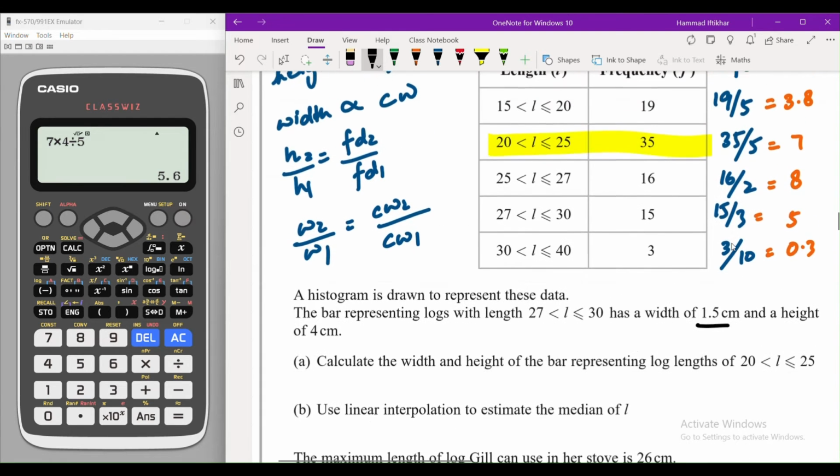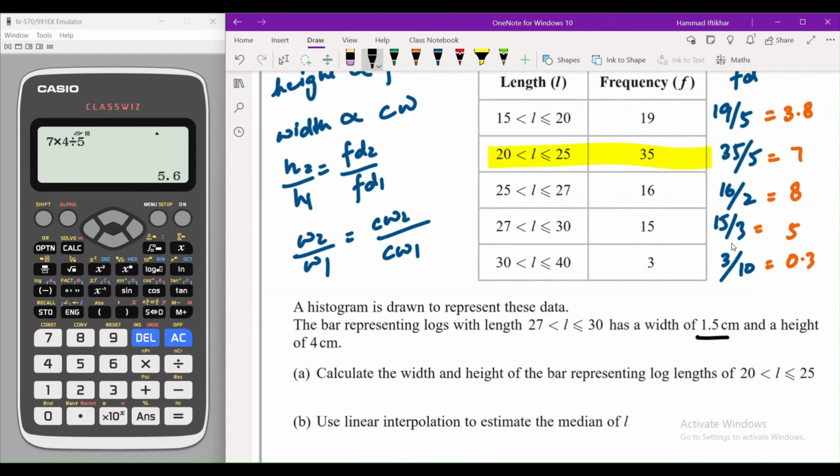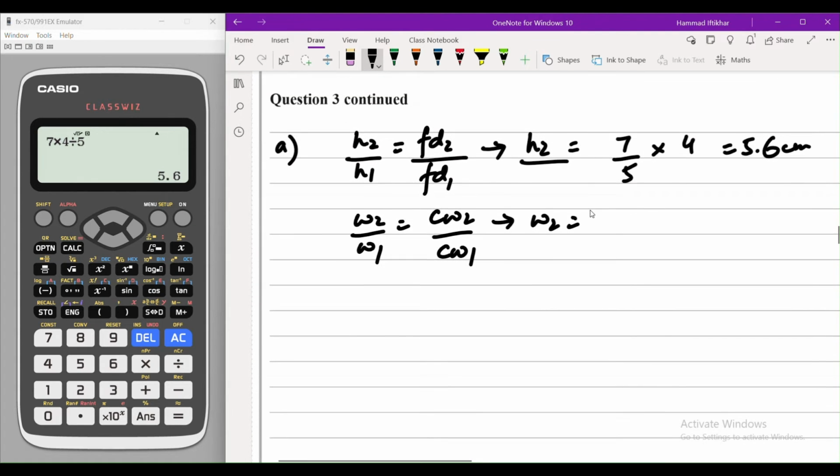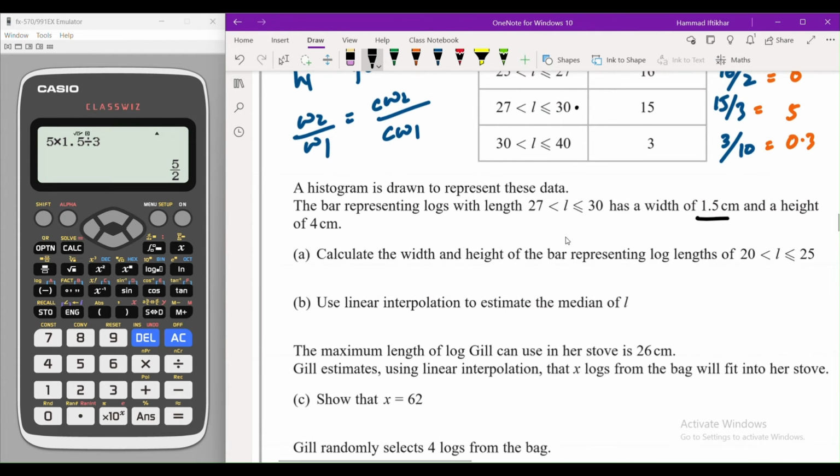Okay, and the class widths are 5 and 3, so 5 over 3 and 1.5. So 5 times by 1.5 divided by 3. That is 5 over 2, 2.5 centimeter. Okay, all right.